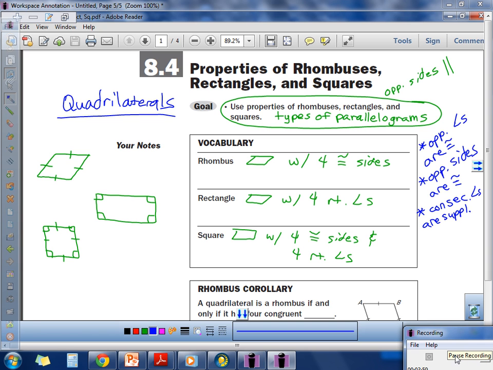Did you remember a different one, Connor? Yeah, we got that one. Any others? You can look at your notes from yesterday. I think we have one more for some reason, but I'm going blank. One pair of opposite sides congruent. That just means it's a parallelogram.